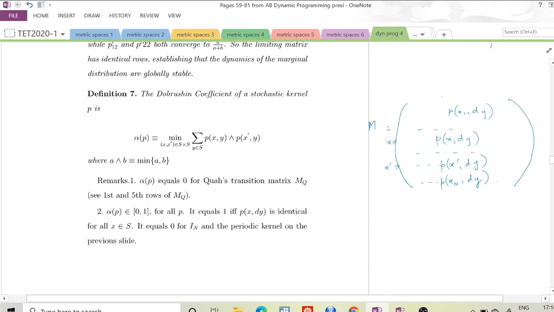For every state y, so suppose this is a state y, you know, the states go from x1 all the way to xn. These are tomorrow's states, these are today's states. For every state y tomorrow, right, you look at the number p(x, y), the number p(x prime, y), and you take the minimum of these two numbers, right?